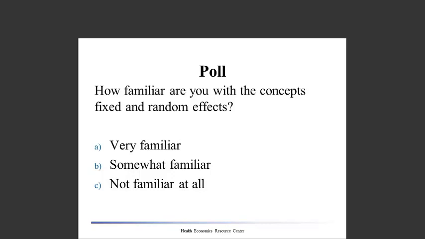Okay, I'm going to go ahead and close the poll. And today we have A, very familiar, 13%, B, somewhat familiar, 68%, C, not familiar at all is 15%. And back to you.